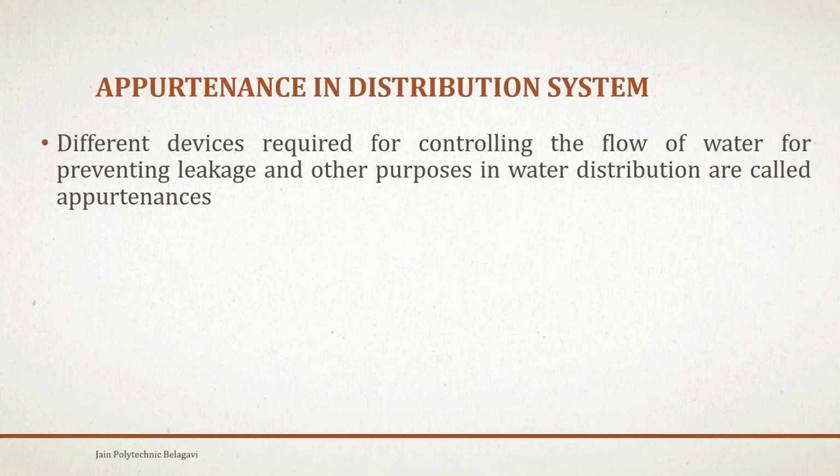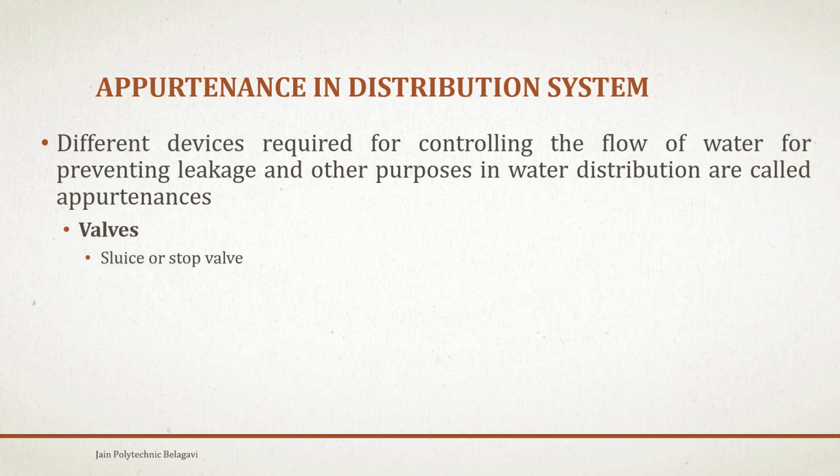The different devices which are required for controlling the flow, which help in reduction in scouring, reduction in blasting of the pipes, even reduction in passage of air, for preventing leakage and other purposes in water distribution are called appurtenances. Some appurtenances I will be highlighting in this are valves.